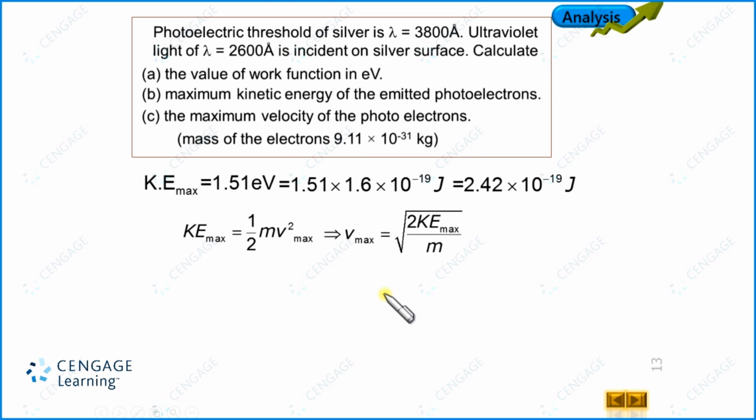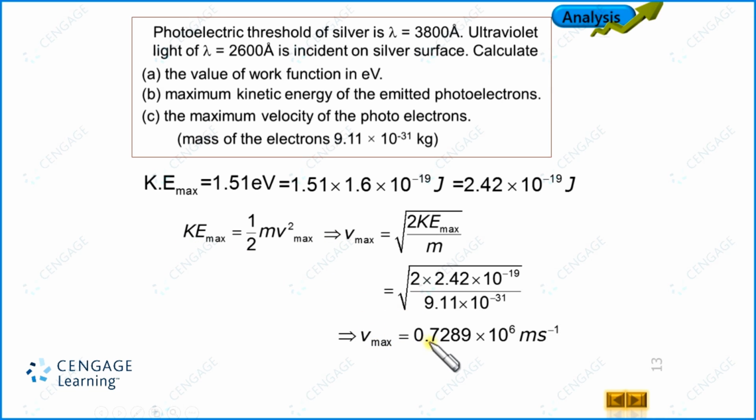Now we can substitute the value of K, the kinetic energy, and the value of the mass in this expression. On calculation we will get the maximum velocity, which is equal to 0.7289 into 10 to the power 6 meter per second. Now let us move to the next illustration.